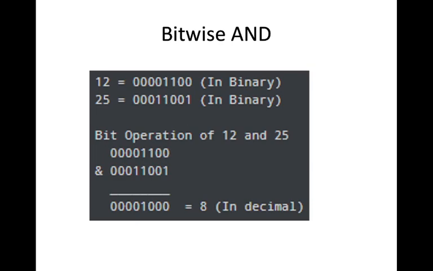You check 0 and 1: since one is 0, it is 0. 0 and 0 is 0. 1 and 0 is 0. 1 and 1, both are 1, so it is 1. 0 and 1 is 0. All others are 0. So the result is 1000, which is 8 in decimal. When you perform 12 bitwise AND 25, you will get 8 as the result. We will see it in the program, then you will understand.